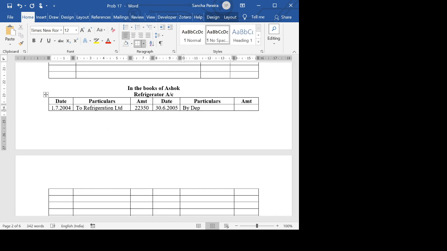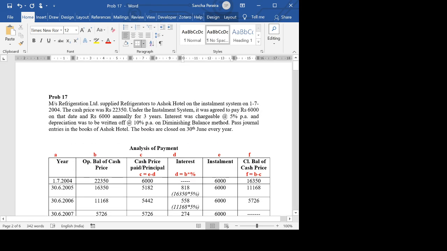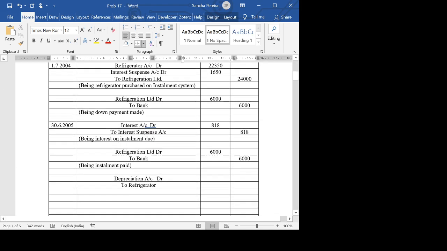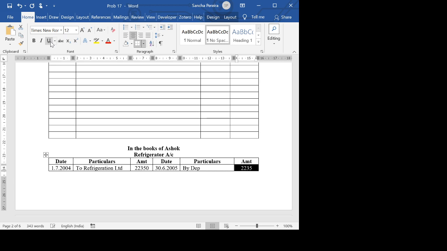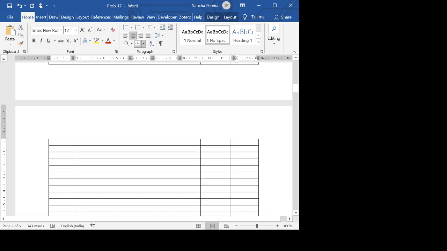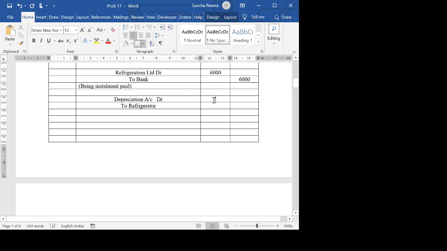The depreciation is 10% on diminishing balance method. By depreciation, 10% of 22,350 for the whole year will be 2235. Somebody may do it right up in the analysis of payment, it's up to you. I showed you both ways. See what you're comfortable with. Nobody is going to deduct your marks if you don't do it there. Being depreciation charged.